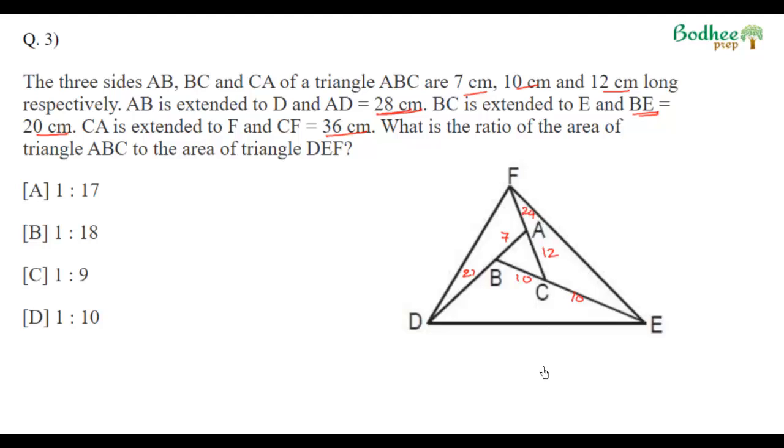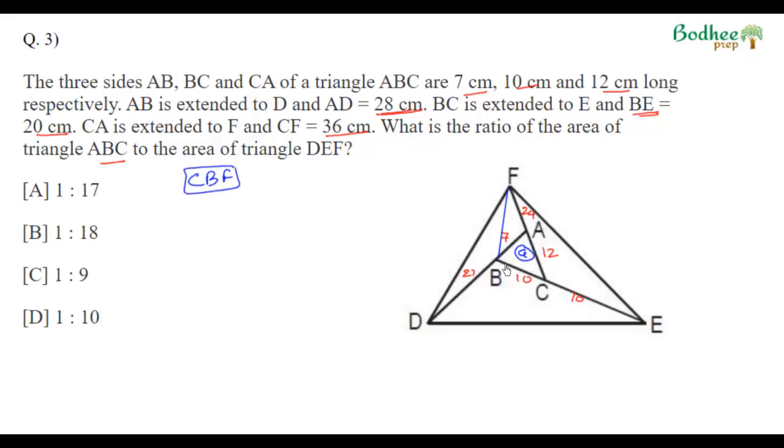So we have to find the area of the smaller triangle vis-a-vis the larger triangle, right? Now what we can do here is let us assume the area of the triangle ABC to be A. Now I'll just be joining BF. In this case, we'll focus on the triangle CBF.